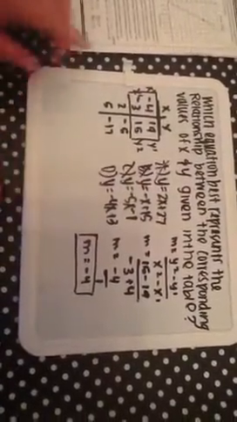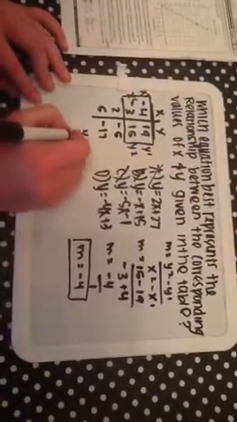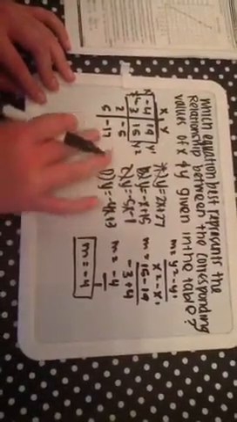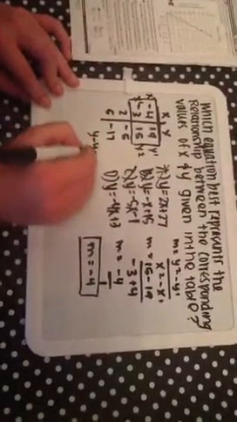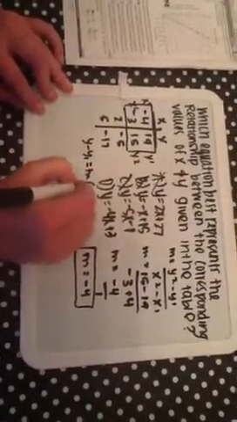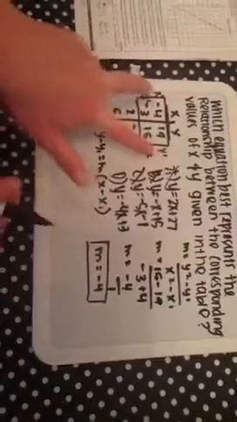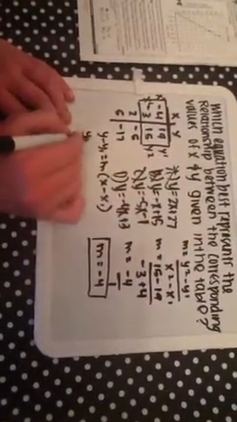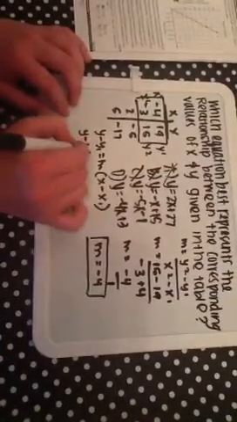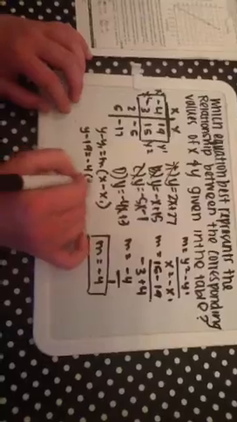So now we will use our point slope formula, which is y minus y1 equals m times x minus x1. So now we take our x1 and y1 values and plug them in along with our slope. So y minus 19 equals negative 4x.